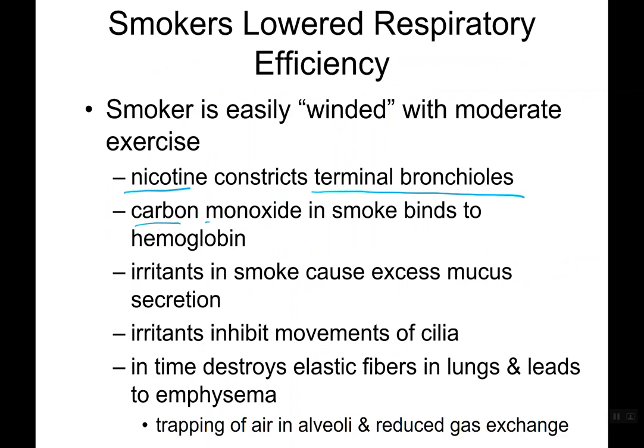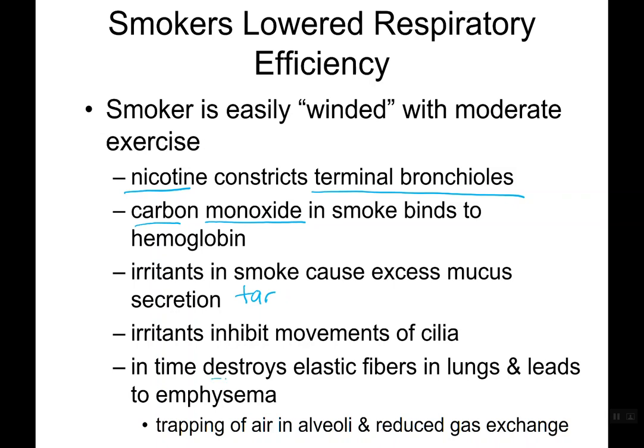There's also carbon monoxide in cigarette smoke that binds to hemoglobin, so you get hypoxia due to low levels of oxygen. Irritants in smoke also cause excess mucus secretion, so things like tar. And they also inhibit movements of the cilia. So because tar, if you've ever seen tar, it's sticky. It prevents movement of things.